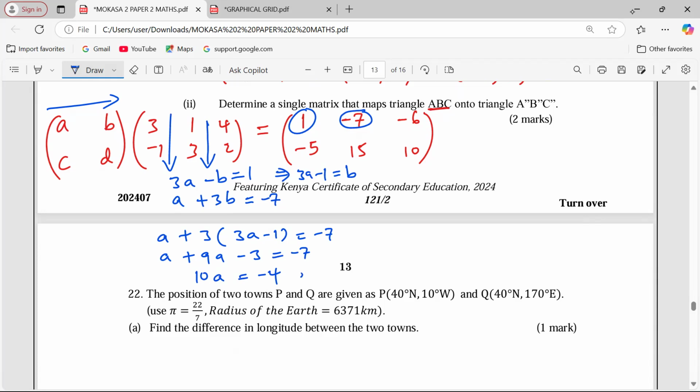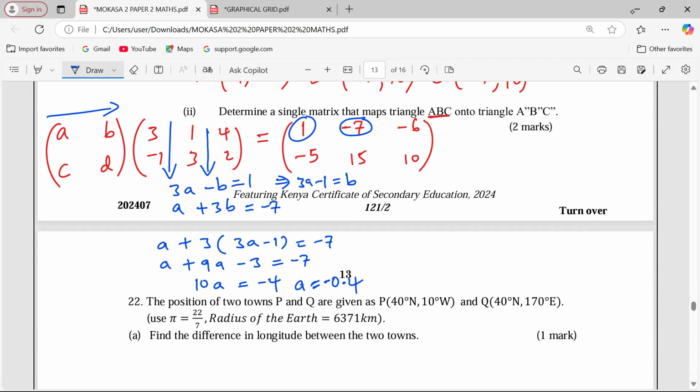So the value of A shall be -0.4. If the value of A is -0.4, then the value of B is going to be, we substitute in this equation that gives us B. So 3 into -0.4, then we subtract 1.